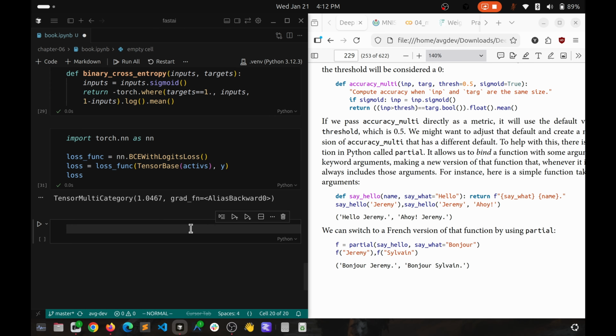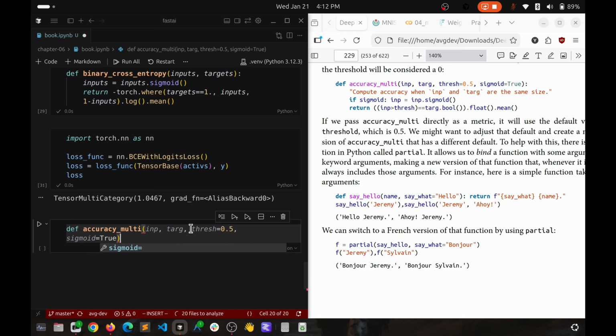So we'll have def accuracy_multi(inp, targ, thresh=0.5, sigmoid=True). So if sigmoid, then we want to calculate the sigmoid of inp.